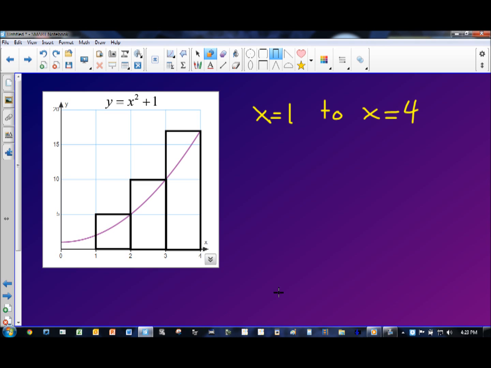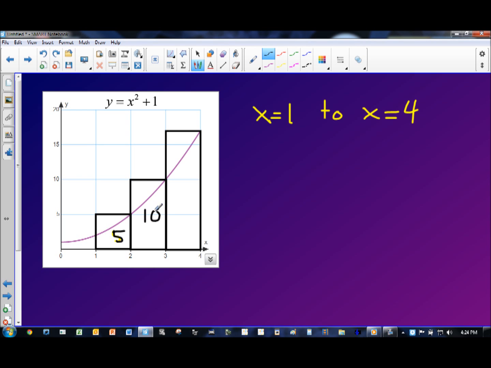All right. So if I look at the area of these rectangles, this rectangle here has a width of 1 and a height of 5. So this has an area of 5. Then this one right here has a width of 1 as well, and a height of 10.